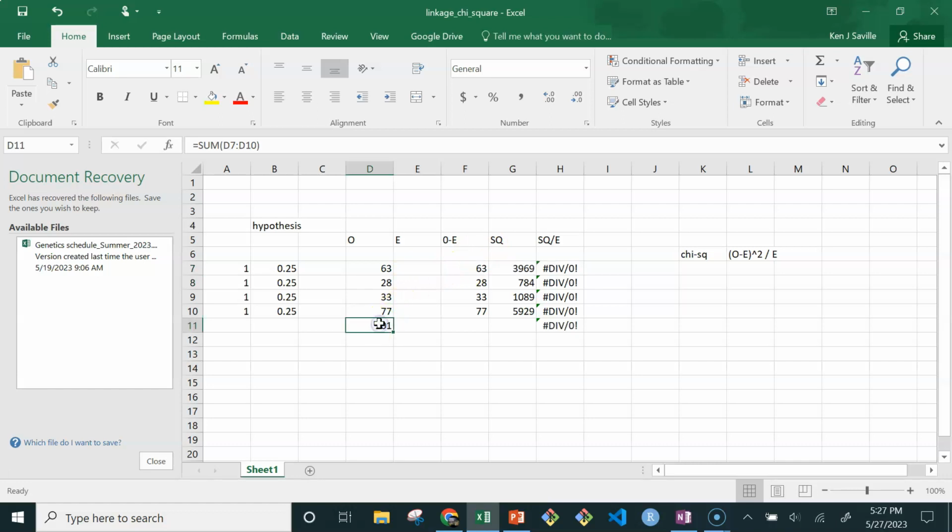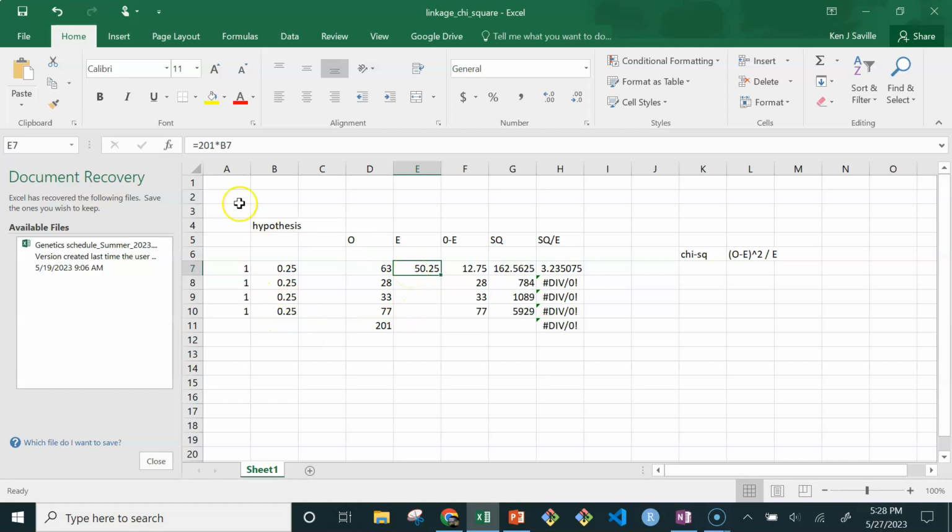So we want to always take the total. So we're going to take the total and say equals the total. And I could just multiply that by 0.25, but I'm going to multiply it by the fraction, because if this was a different fraction, like 9/16, 3/16, 3/16, 1/16, then I want to multiply this total by each fraction in each case. They're all going to be the same in this case because we're doing 1 to 1 to 1 to 1.